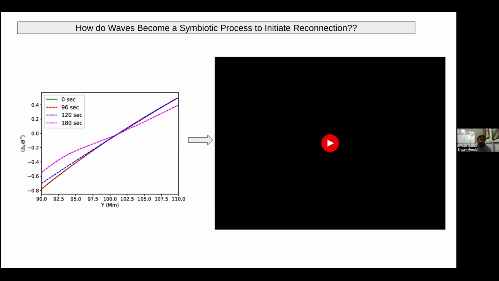But at 108 and 120 seconds, just after the interaction of the wave with the null point, you can see the inflow magnetic fields are perturbed by a certain amount. So the wave is playing its role in perturbing the magnetic field across the null point. Now, how does this perturbation initiate the reconnection?